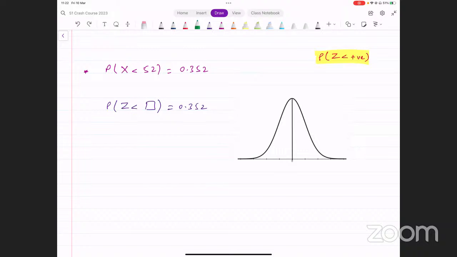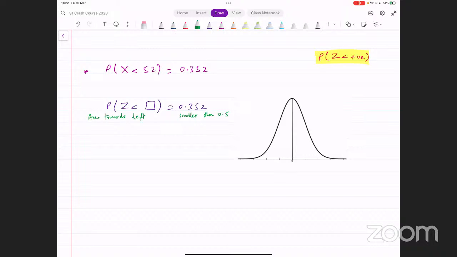That means we're talking about area to the left of this value of z, that should be 0.352. Is that bigger than 0.5 or smaller than 0.5? This is smaller than 0.5. So the area towards left should be smaller than 0.5.